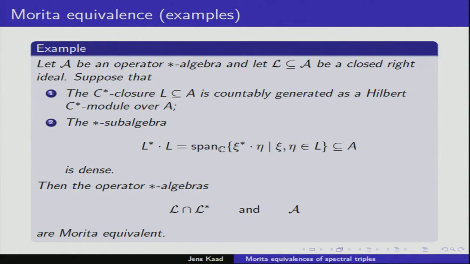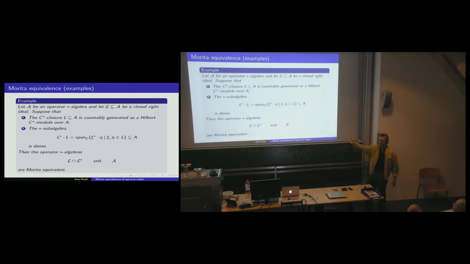Again, I can look at the star subalgebra of A generated by these inner products. In this case, this just looks like psi star times eta, where psi and eta lie in L. It then follows that this hereditary operator star algebra coming from the right ideal, which is the intersection of L with all elements of the form psi star, where psi is in L, is a new operator star algebra.